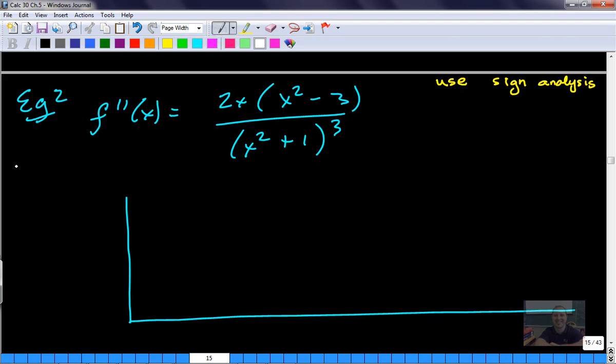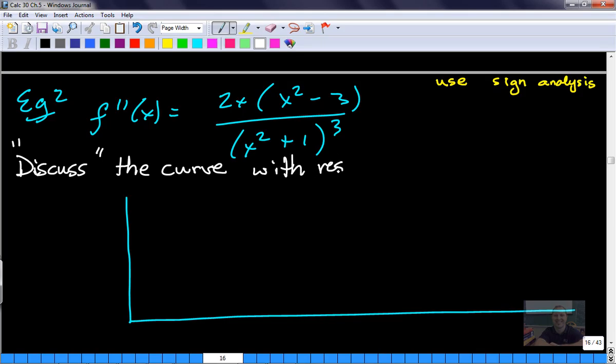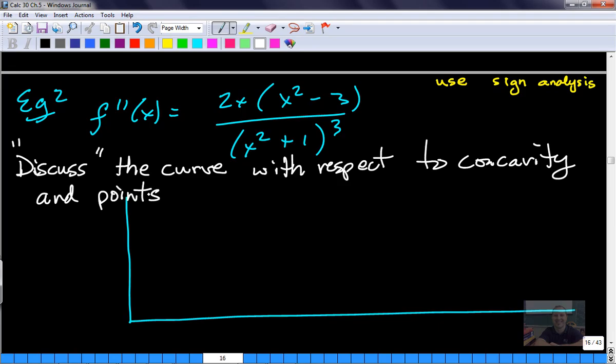First of all, it says, discuss the curve, and it gives you the equation, with respect to concavity and points of inflection. Okay.